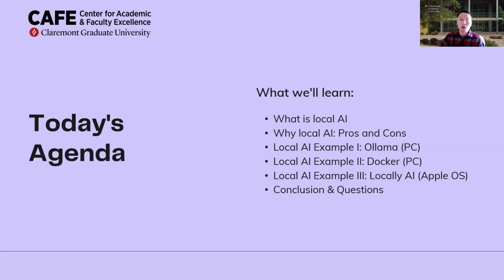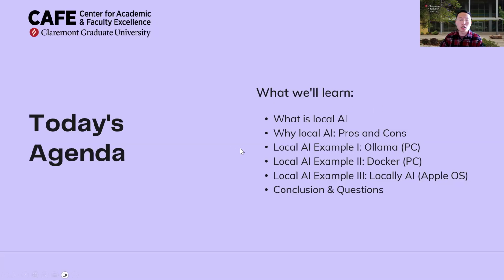And also, I want to talk about the pros and cons of local AI. I don't want to make it sound like I'm promoting it in any way, but I want to make sure that you get fair enough information for you to judge whether local AI is for you or not by talking about some of the advantages and disadvantages it brings to us.